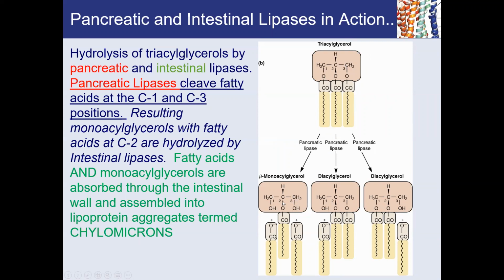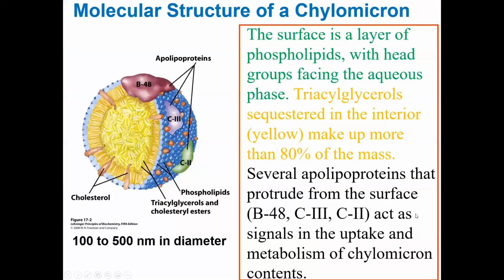If you cleave both 1 and 3, you will generate monoacylglycerol. Monoacylglycerol can be assimilated by intestinal mucosa for making the chylomicrons. And then you have diacylglycerols, shown here, if you cleave either 1 or 3. The other ones can also get degraded by some other lipases. But anyway, that's what happens.